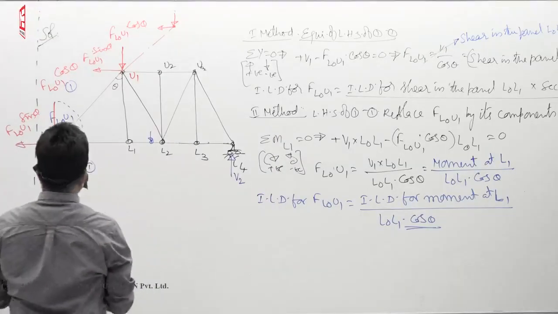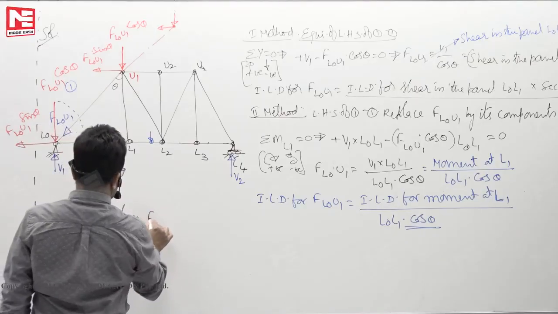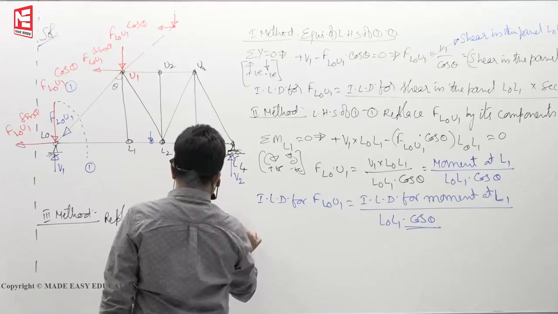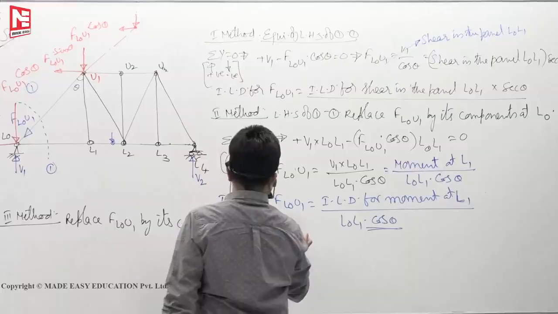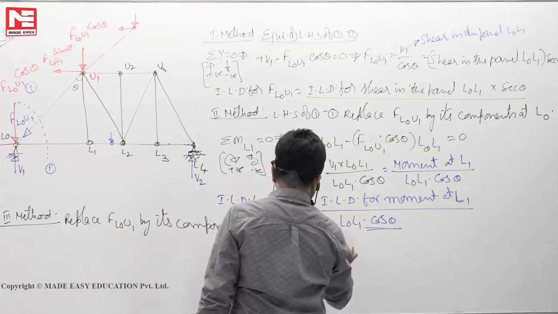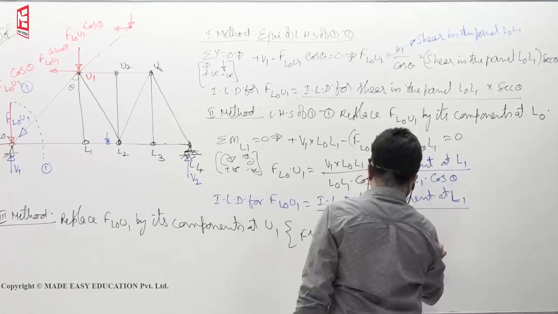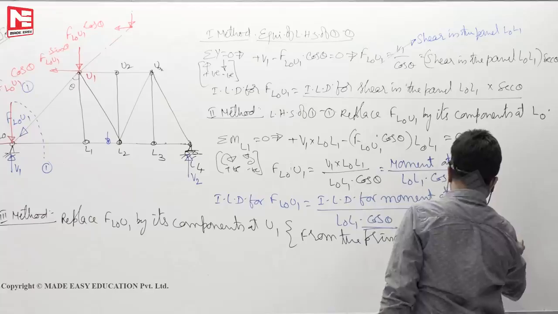So we'll do that part. Replace F L0 U1 by its components at U1. How can you replace? From the principle of transmissibility.